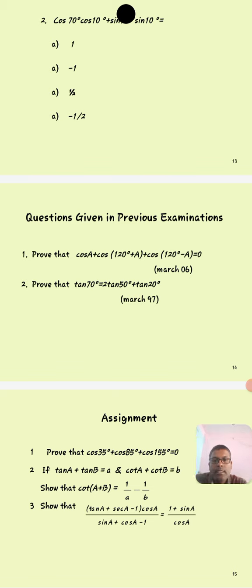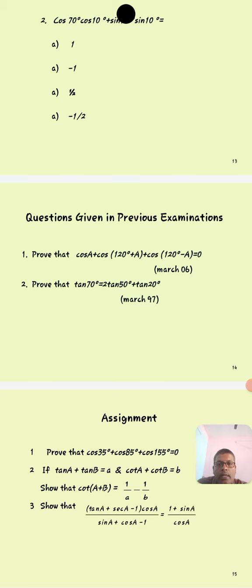Now you see this assignment. Prove that cos 35 degrees plus cos 85 degrees plus cos 155 degrees is equal to 0. You observe here how to write cos 35 and cos 85.